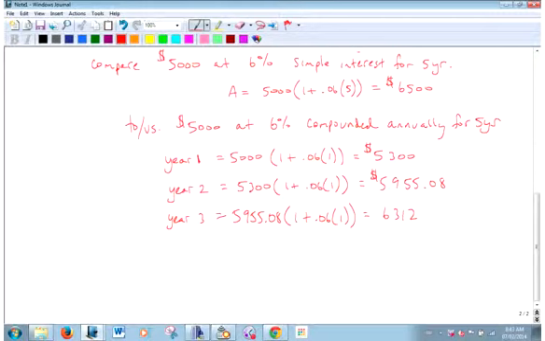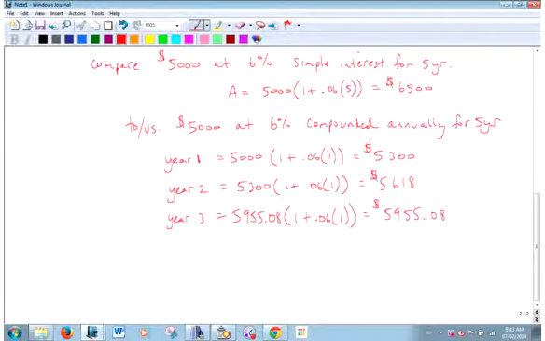I missed a year, guys. That doesn't make sense. Sorry, I can't read my own writing. This is year 4. Year 3 is 5,955 and 08.